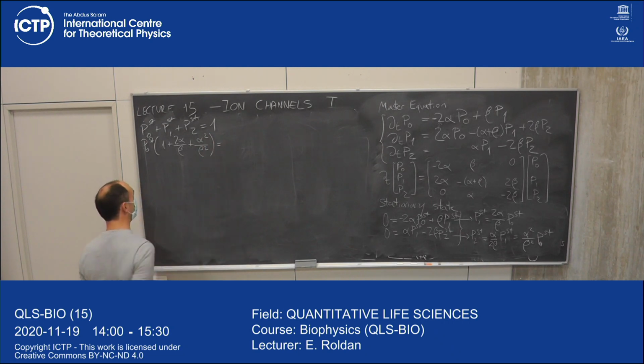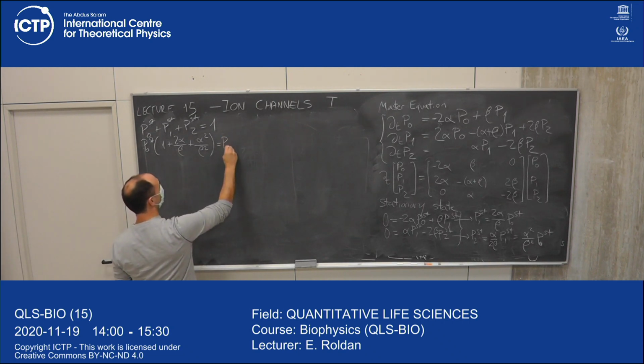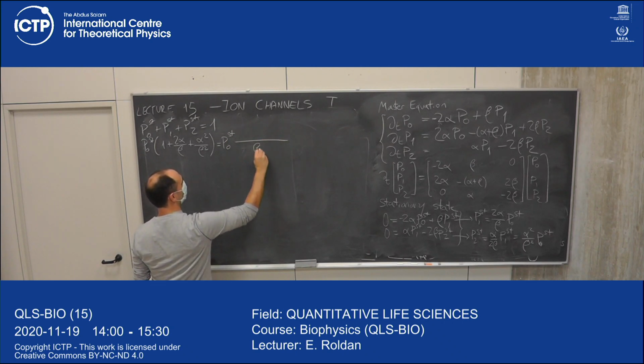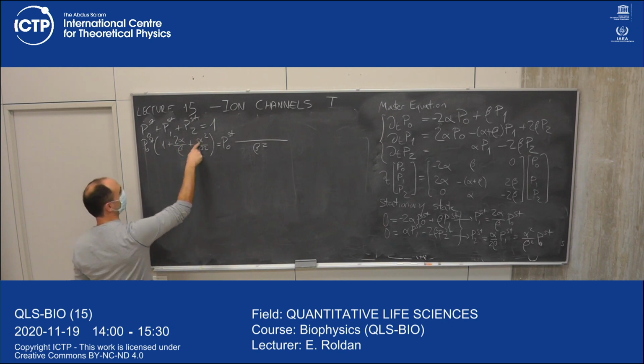And this, if you realize, this is a square, because this is P0. Now I put a common denominator, beta squared, and now I have beta squared plus 2 alpha beta plus alpha squared.